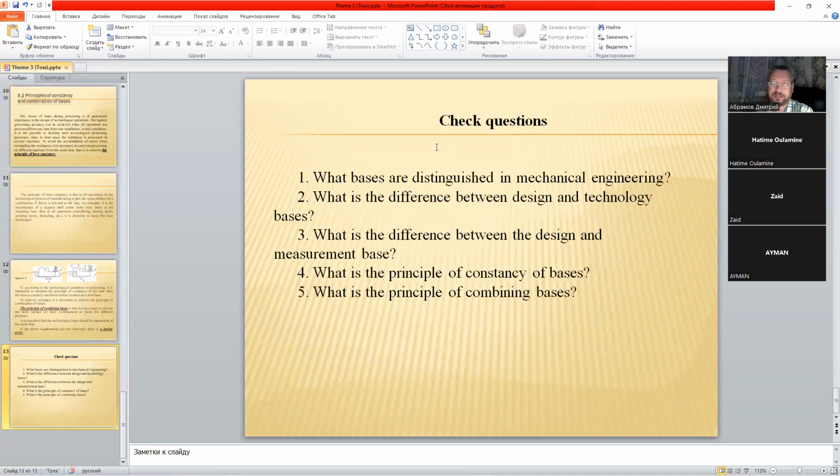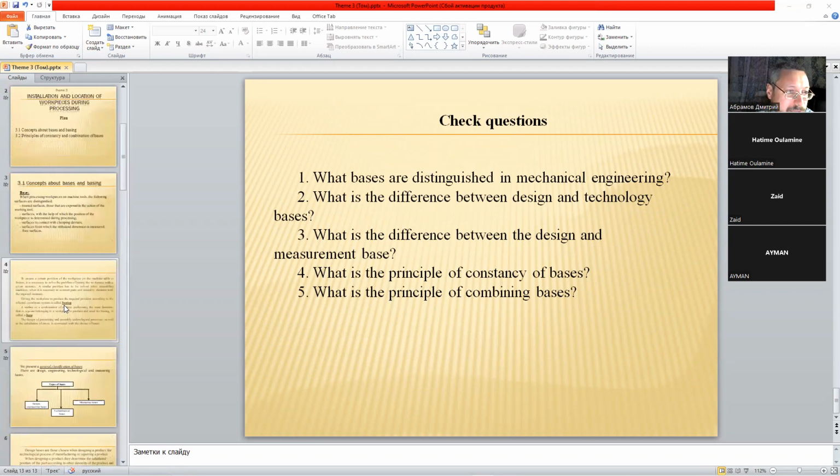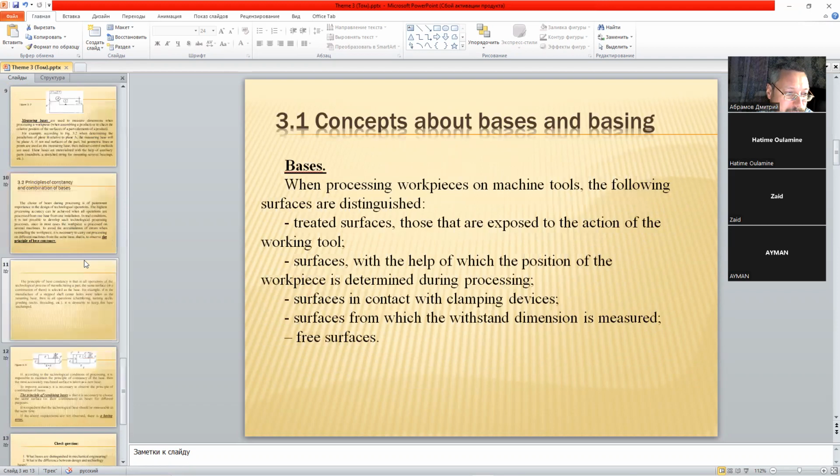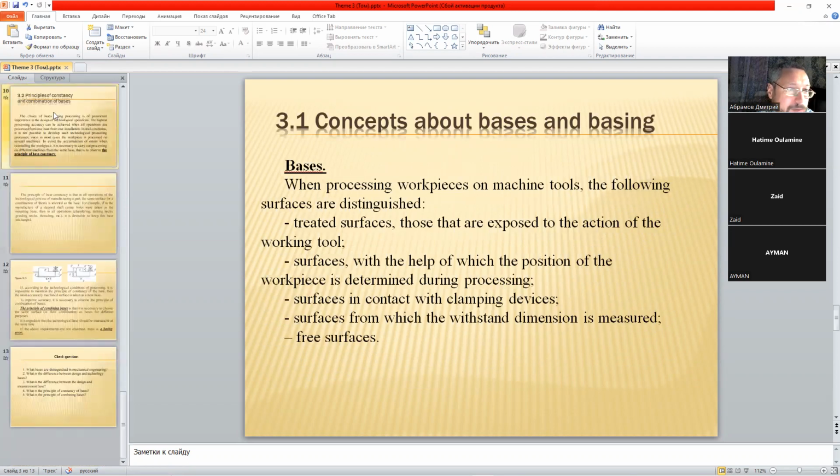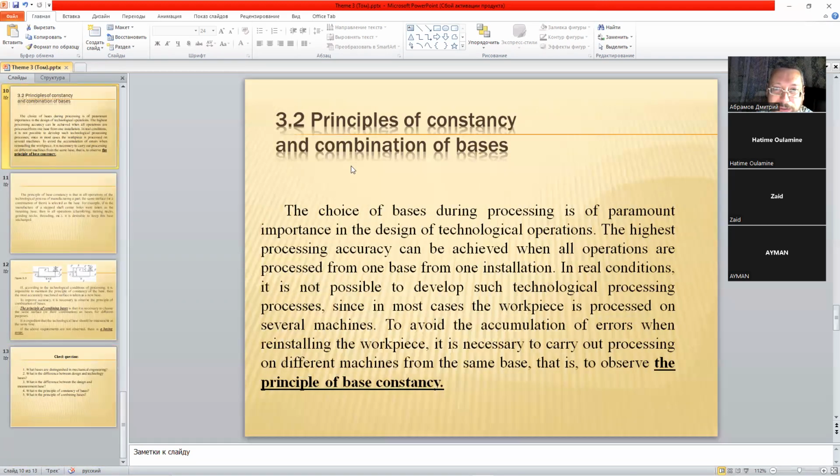So in the slide, you can see the check questions in our lecture. You can ask me a question if you have a question about the bases, about the types of bases, and about the principle of constancy and principle of combination of bases.